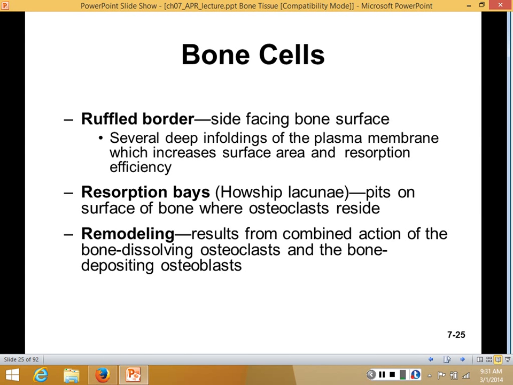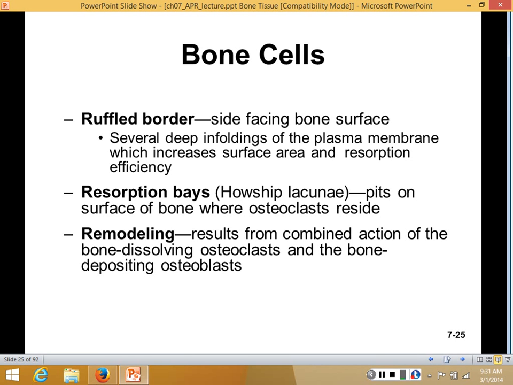Okay? So when they eat their way or etch their way into bone, we're about to talk about bone resorption. There's an enzyme involved and there's an acid involved. When they release that acid, that's how they're able to eat their way into the bone and just kind of live there. These cells, guys, they're really not our friends. We're going to talk about why a little bit later.